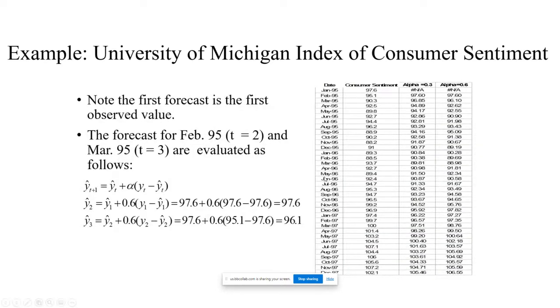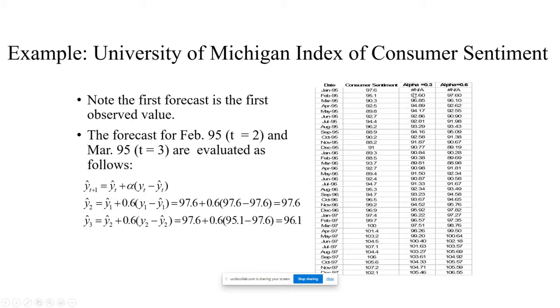You can see that the last 2 columns are forecasts. One is based off an alpha of 0.3. The second is based off an alpha of 0.6. Again, we don't have a forecast for January 1995. That's the first period. In the second period, let's look at alpha equal to 0.3.